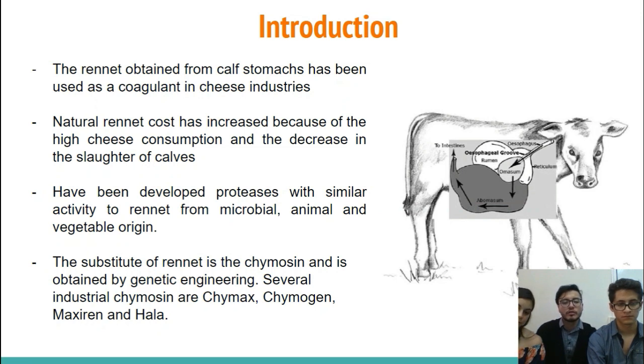Two main reasons for making biotechnological chymosin: the decrease in the slaughter of calves, the animals that we want for obtaining the rennet. This is the case because nowadays people want products that don't necessarily kill animals.